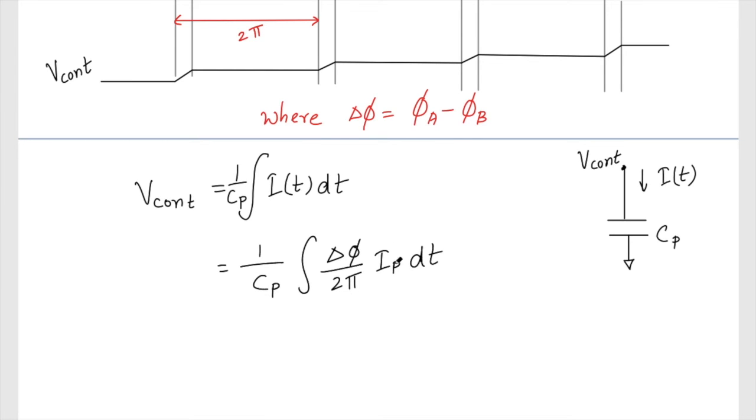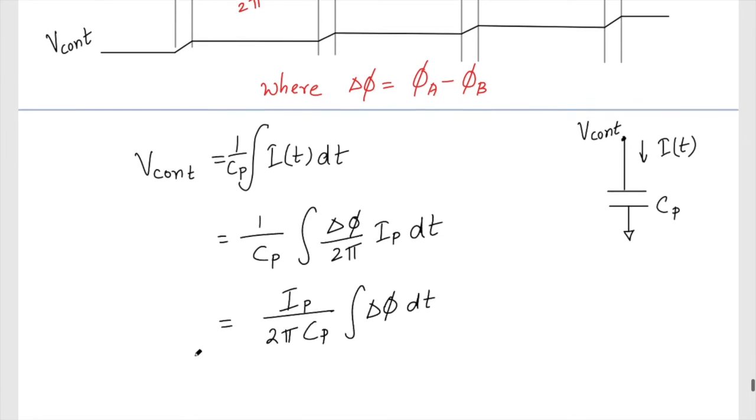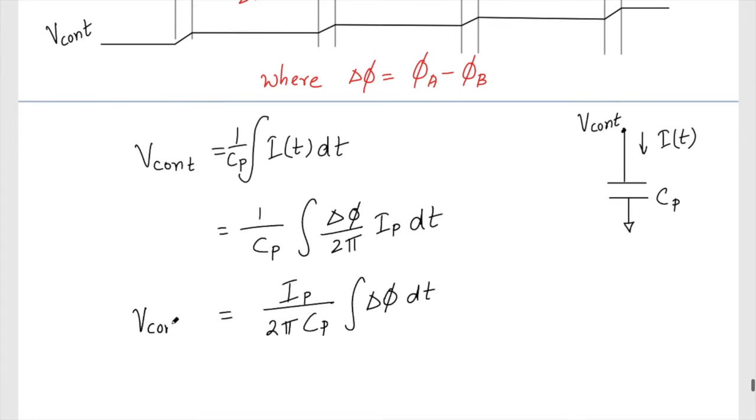Of course IP and 2 pi are constant, so I can bring them out: 1 by 2 pi CP, and this is IP and the integration of delta phi of t. And of course this delta phi can vary with time, so I cannot bring it out of the integration.